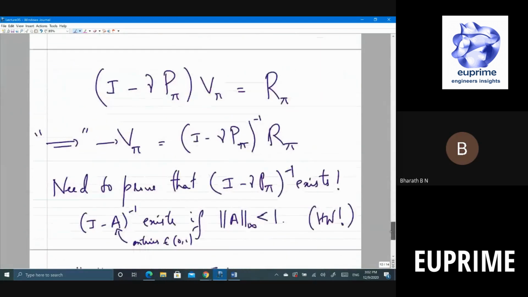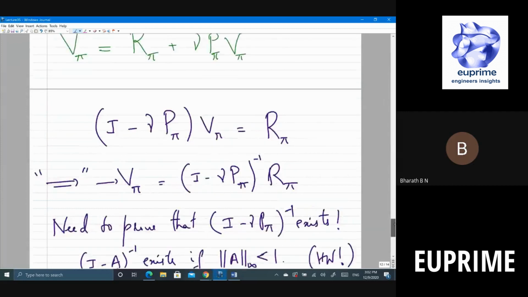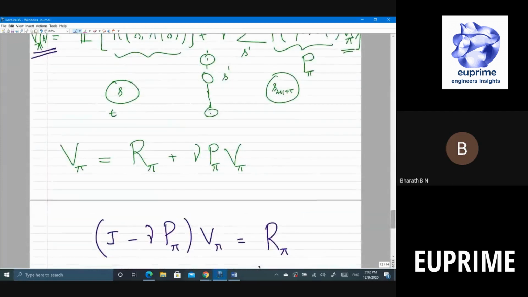We basically proved that the value that you get as a consequence of you taking policy pi is given by this expression: R pi, that is the reward vector you get under pi, plus nu, the discount factor, times P pi, the transition probability matrix when you take policy pi, times V pi again.